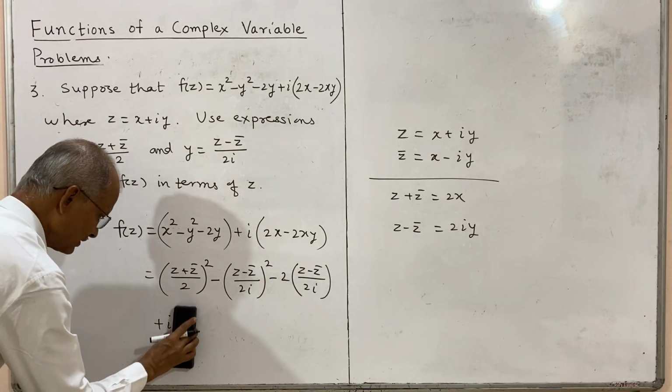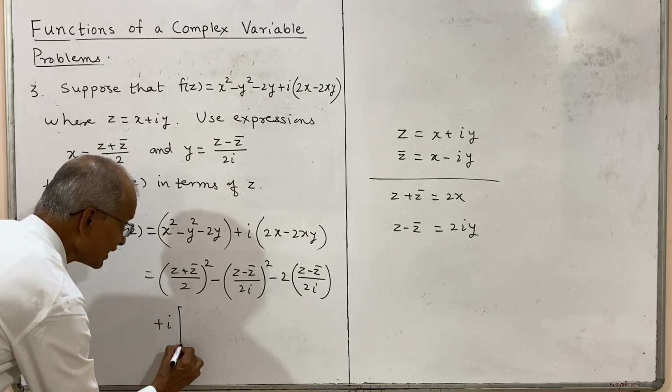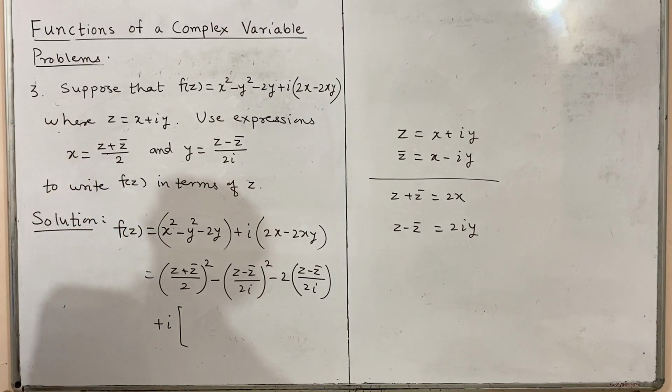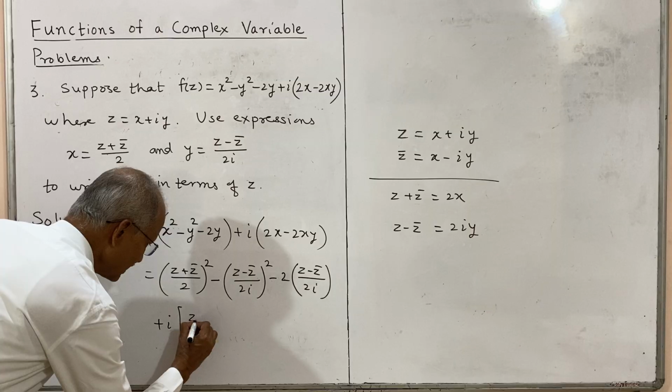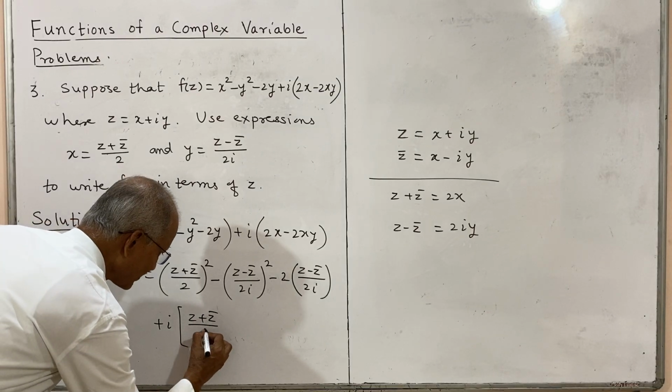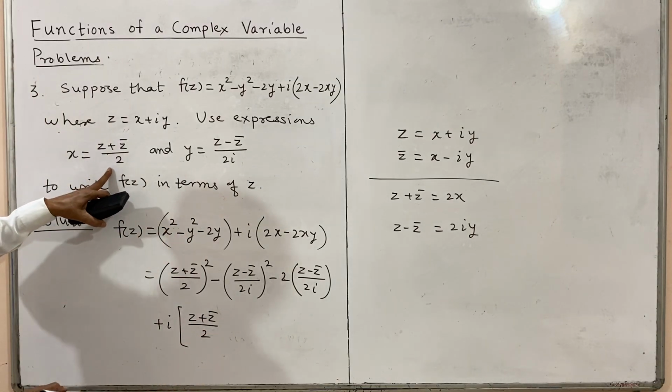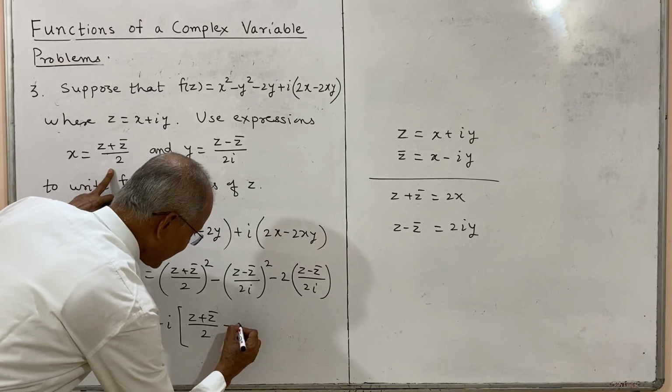Now, I shall write in the bracket: x is z plus z bar divided by 2, and minus 2x.